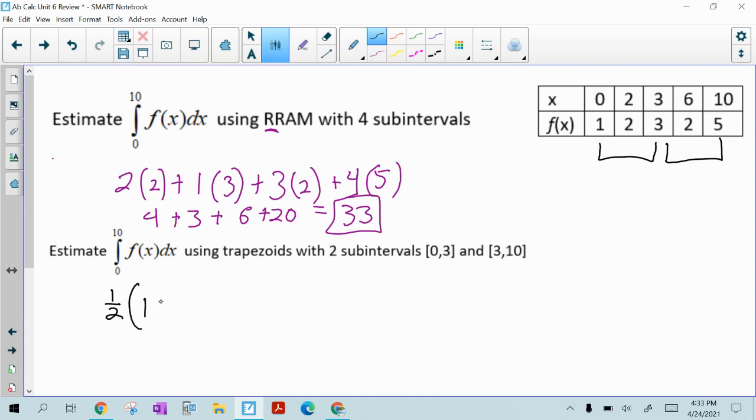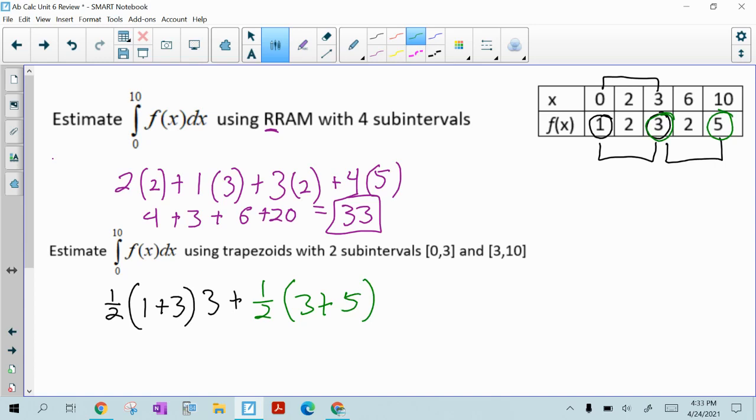I'm using 1 and 3 because those are the heights on that side, and the distance between the two x coordinates is 3. And then we do the same thing here, and this time we've got 1/2. I'm going to say my height is 3 on that, and my height is 5 there, and the distance between these two is 7.